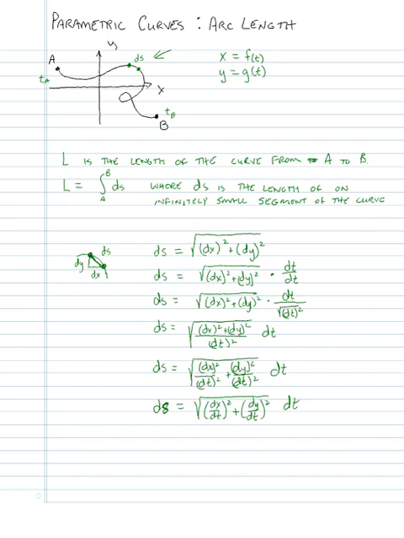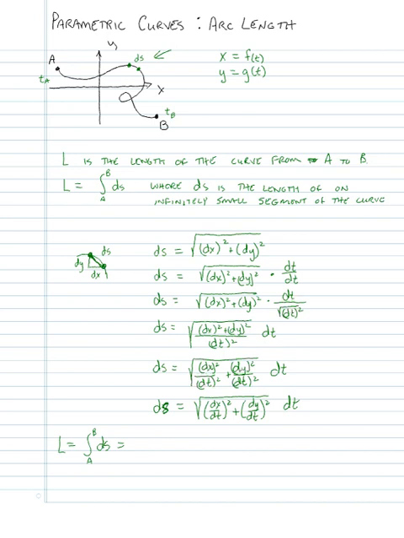So here's what we have then. The arc length of the entire curve, remember, we were going to add up all of the tiny arc lengths starting at A and going to B, and each of those tiny arc lengths is ds. Well, we've just found out that ds is equal to the radical that we've got there times dt.